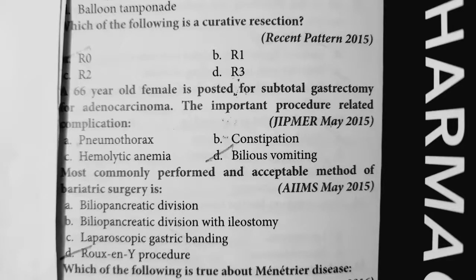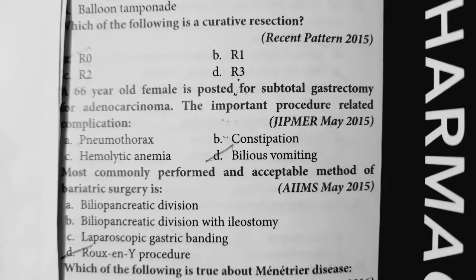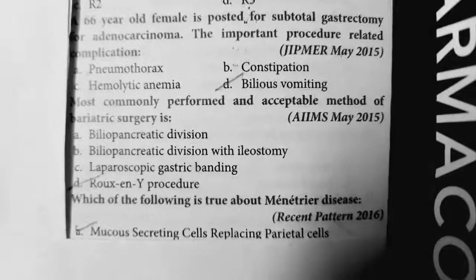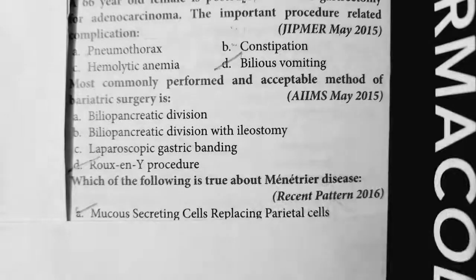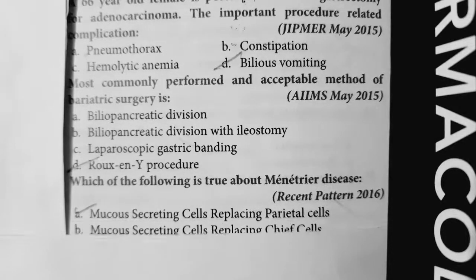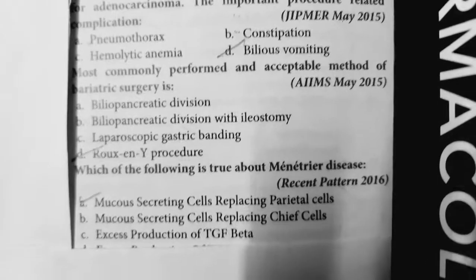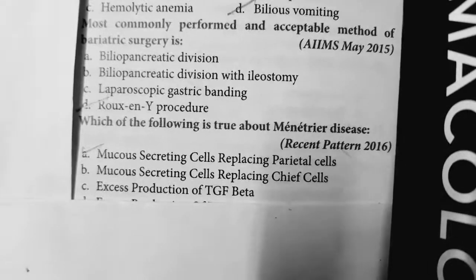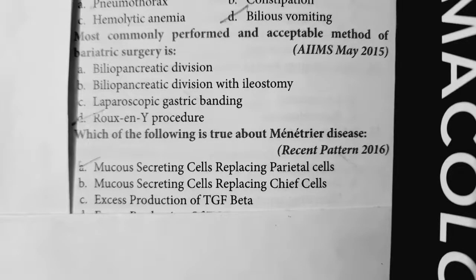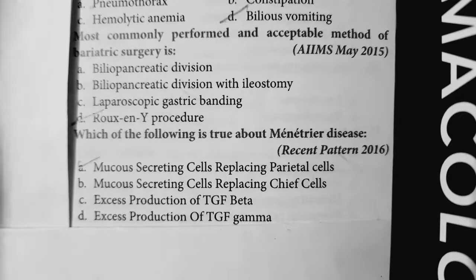In Menetrier's disease, there is foveolar hyperplasia and absence of parietal cells. So here the mucus secreting cells are replacing the parietal cells. This is true. There is excess production of TGF beta is false. Actually, there is increased production of TGF alpha, not beta.